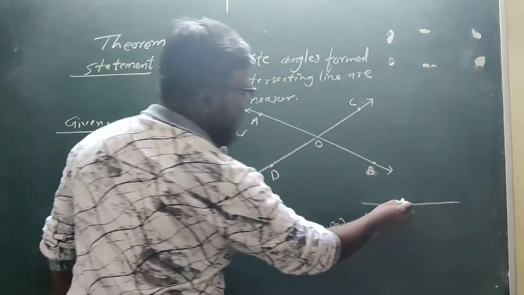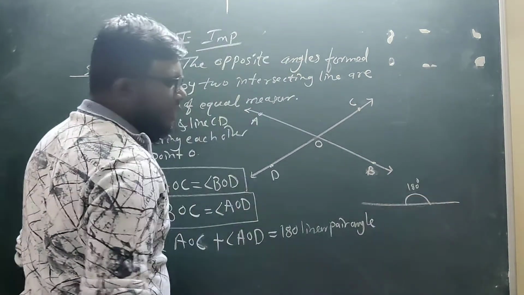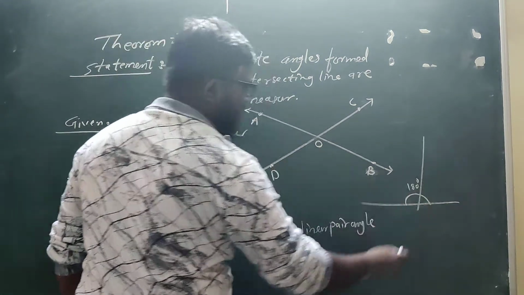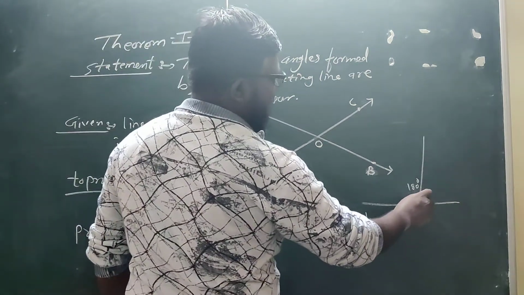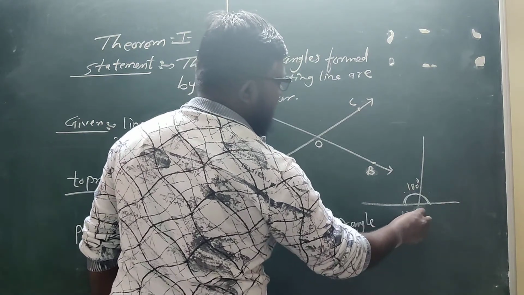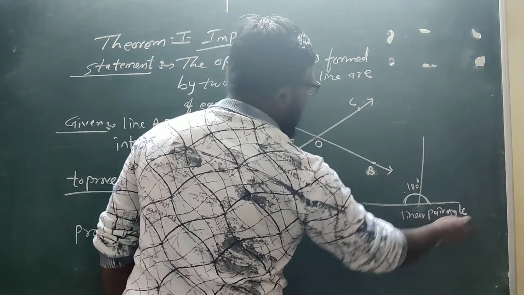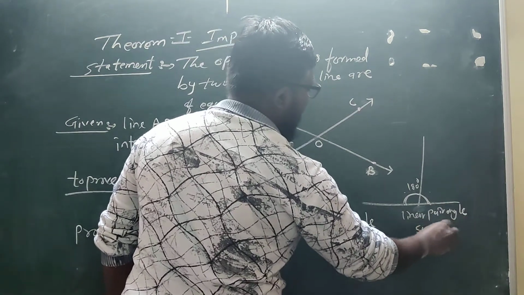We can take an example. A straight line is 180 degrees. If we draw a line in between anywhere, it will make two angles. These two angles are called linear pair angles, and the sum of them is 180 degrees.